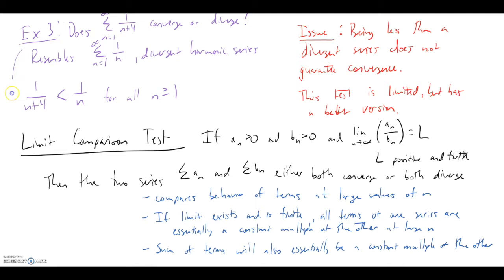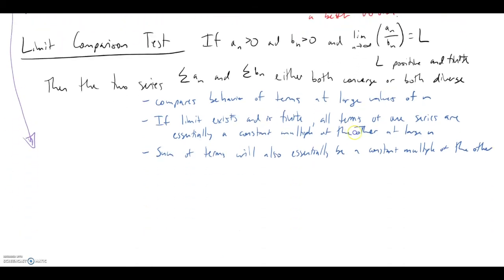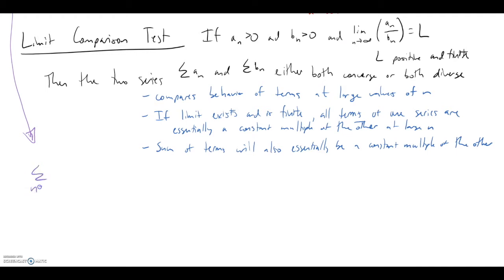So let's revisit example 3 using this new comparison test. Remember that we're trying to look at the infinite series 1 over n plus 4. So just like the direct comparison test, we pick out a series that resembles this one. So we'll focus on the divergent harmonic series 1 over n to make our comparison.